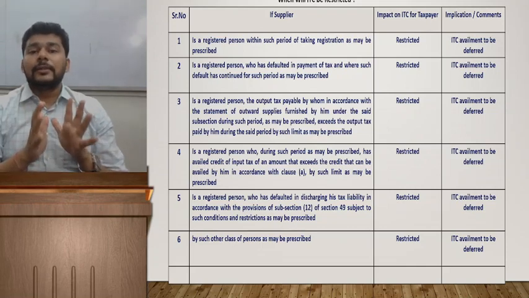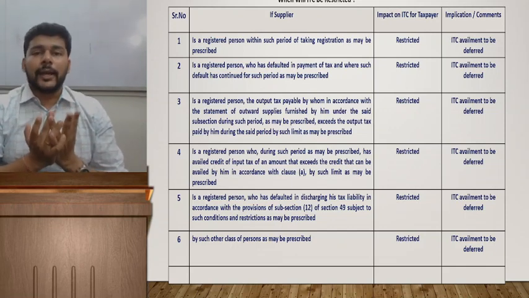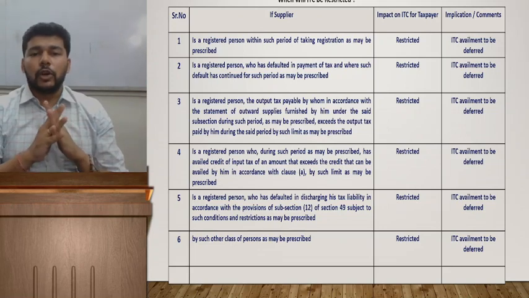Because unless this is cleared, you will not be able to claim the input tax credit, and all the vendors of the business will have to be well informed that the repercussion is losing out on input tax credit if it is not brought into the regular channel within the timeline.